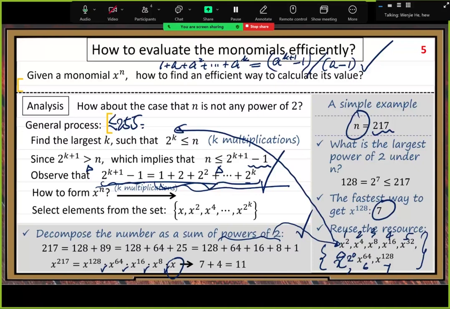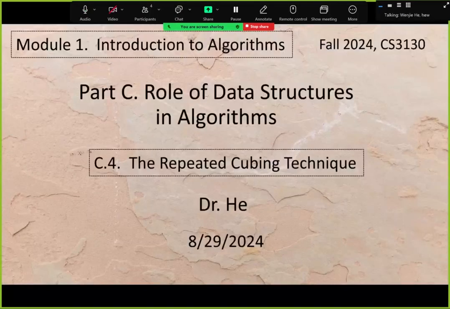Then I want to move to the next topic, the repeated cubing topic, because we have the background of the repeated squaring. For repeated cubing, we just do similar things, but we need to modify slightly at a few places. The similar idea, but some small differences you need to consider.